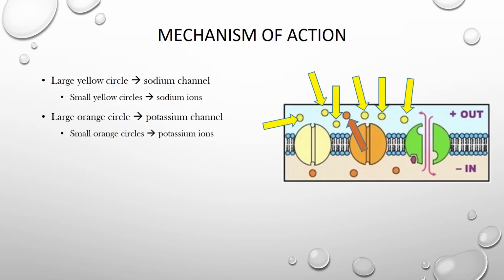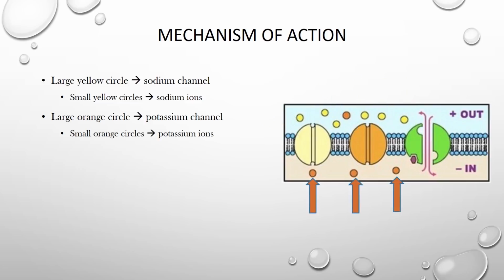As you can see, there is a preponderance of sodium ions outside the cell, denoted by the yellow circles, compared to the potassium ions, and vice versa for inside the cell, more potassium and less sodium.